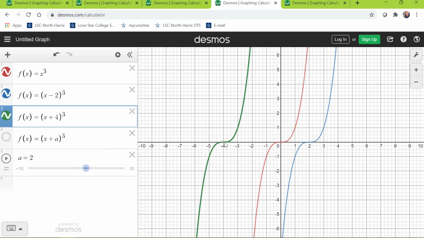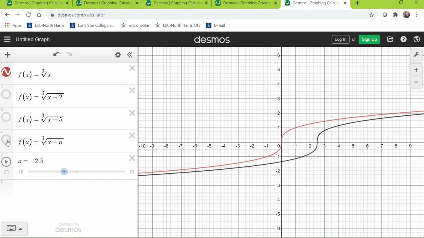And there we go. Okay, and then once we plot that newly shifted origin point, then the shape stays the same. So we open up and to the right and then down and to the left. Okay, so the shape itself again is not changing, but the graph is going to move left or right corresponding to the number you've added or subtracted on the inside of the parentheses for that cube function.